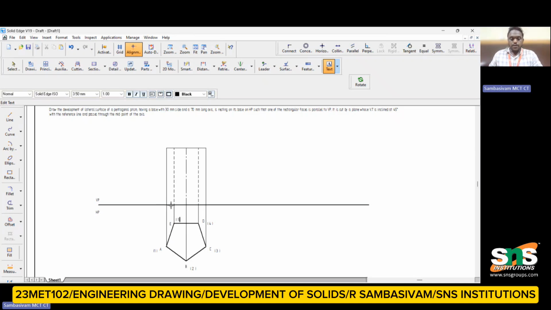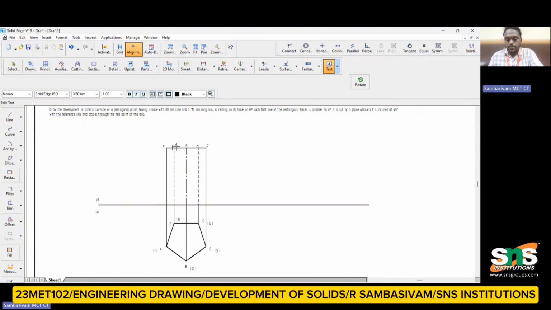So 5. Similarly, when I am marking this, this will be your A dash, this will be your E dash, this will be your D dash, this will be your B dash, and this will be your C dash. But in the front view, the E dash cannot be seen, right?